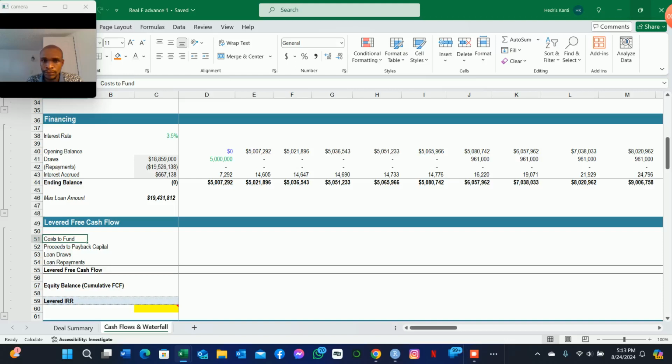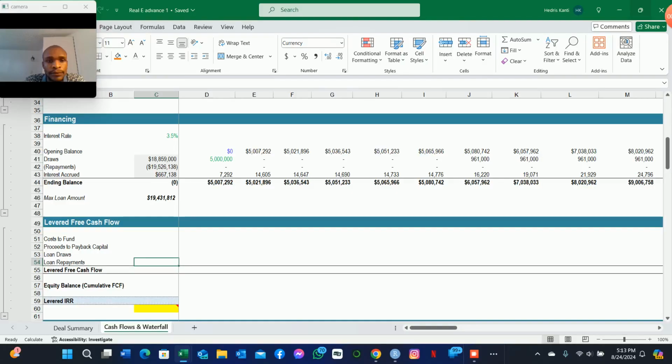So we are saying that this is the cash flow generating from operations. Then we're gonna deduct debt, or whatever we have to pay back this loan. We're gonna take that amount to arrive at what free cash flow will be available for the equity holders. So that's exactly what we are saying in this model.